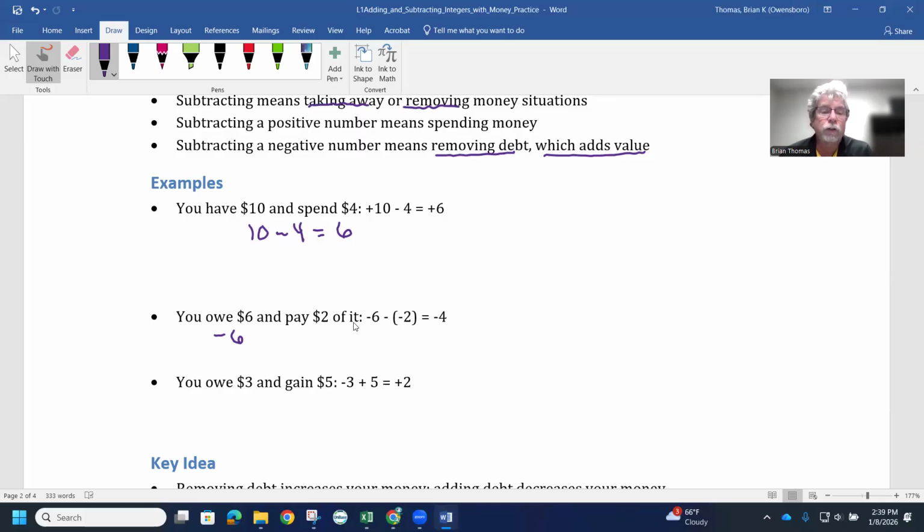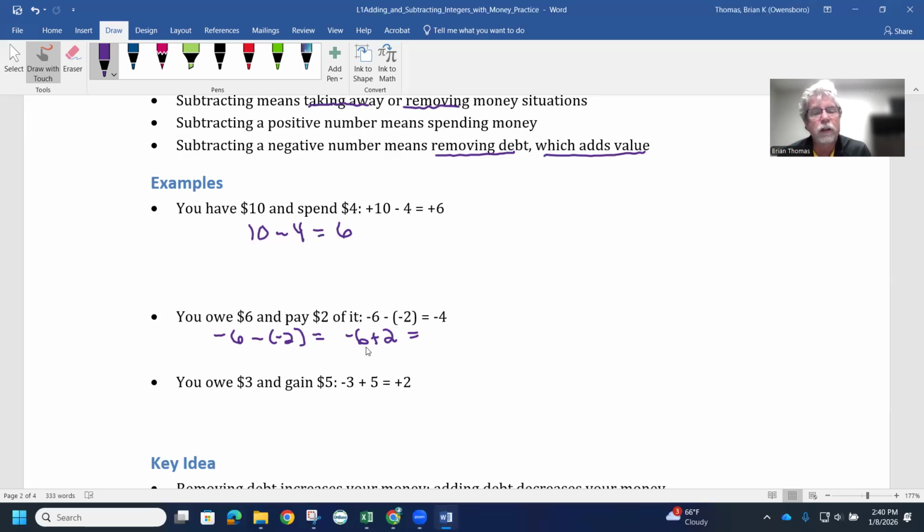If we pay $2 of it, what we're doing is we're removing $2 of debt, if you will, because we're paying it off. But notice how if I remove $2 of debt, that's the same thing as having debt and increasing my value by 2. Because if I pay off $2 of debt, I shouldn't be further in debt. I should be coming out of debt.